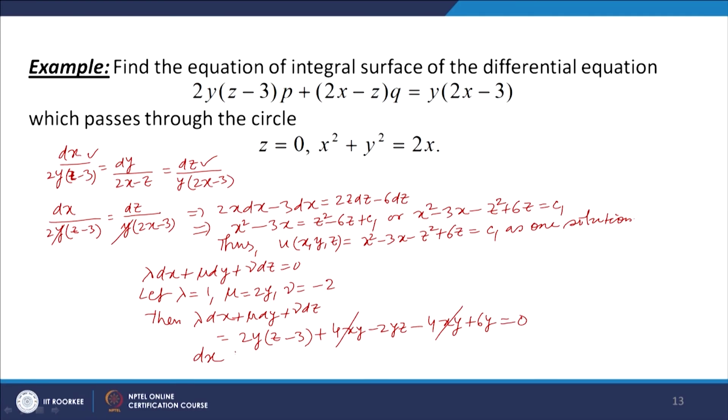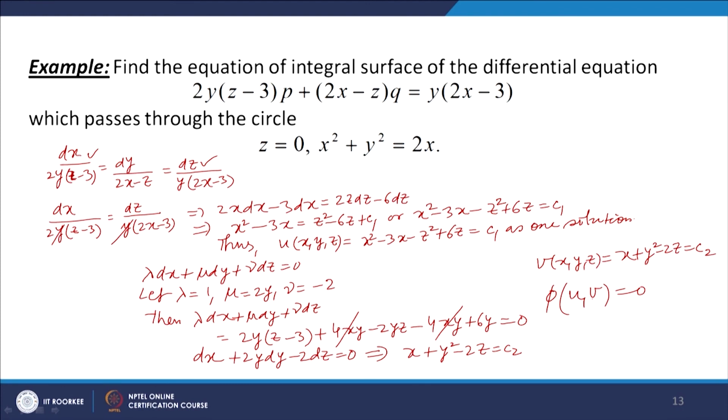dx plus 2y dy minus 2 dz equal to 0, which gives us on integration x plus y square minus 2z equal to a constant C2. So, we got another solution v(x, y, z) equal to x plus y square minus 2z equal to C2, and therefore, the general solution is phi(u, v) equal to 0.